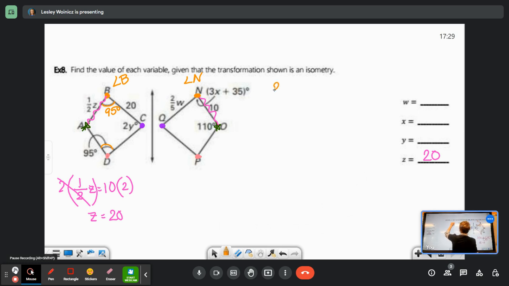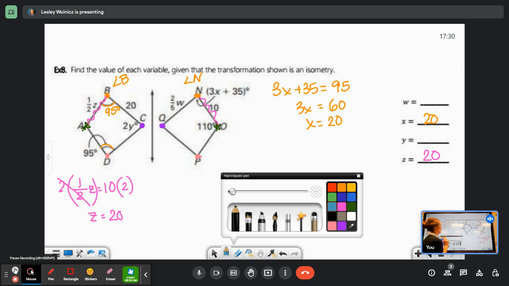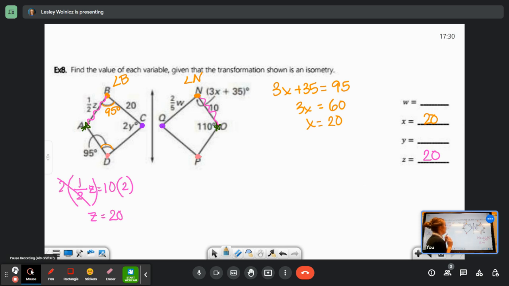So 3x plus 35 must equal 95. Subtract 35 from both sides, I get 3x equals 60. Divide both sides by 3, I get x is 20.